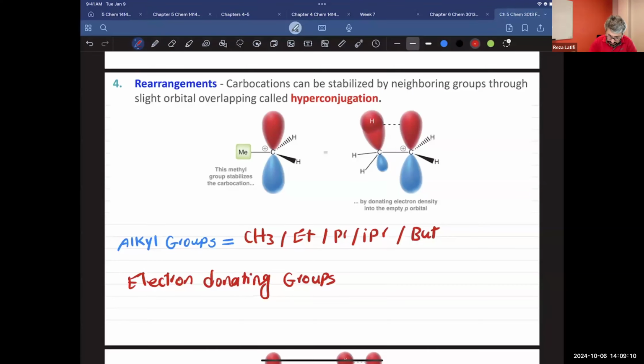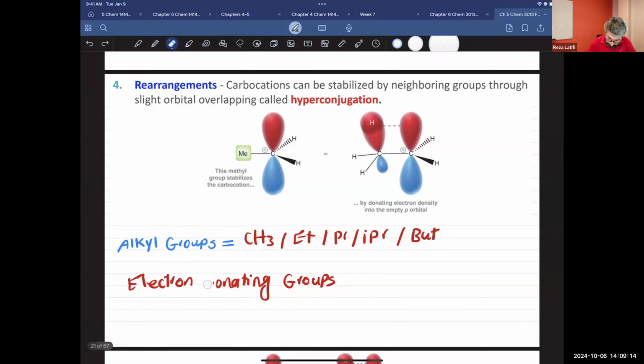So simply I'm going to say alkyl group or electron donating group. And by sharing electrons with the carbon that has a positive charge, they will make it more stable.